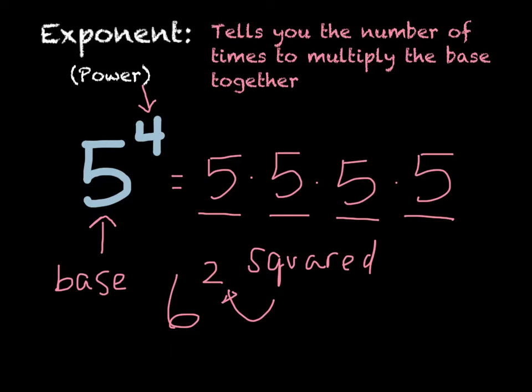And if we have something like 7 to the 3rd power, the little number 3 can be replaced by the word cubed. A way that I remember that is that a square is a 2-dimensional shape, so it's the exponent of 2, and a cube is a 3-dimensional shape, and it has an exponent of 3.